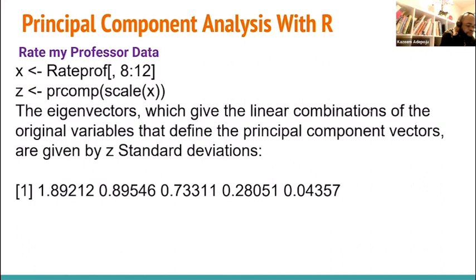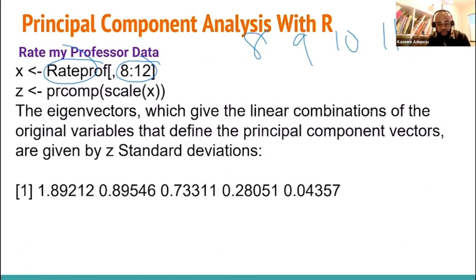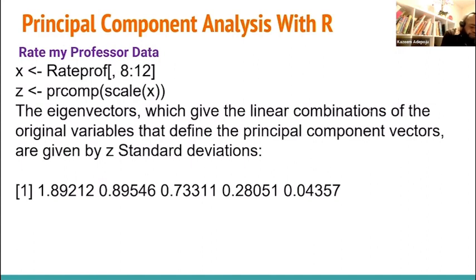In the Rate My Professor data set, the data frame is from column 1 to column 12, but I'm only focusing on 5 variables which occupy column 8, column 9, column 10, column 11, and column 12. The next step is to standardize. You remember how we standardize? In R, for principal components, it's this one here: prcomp with scale.